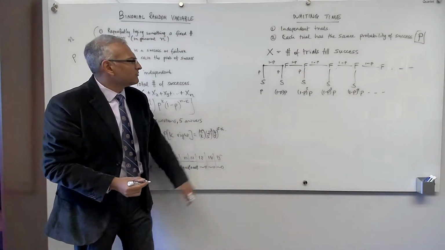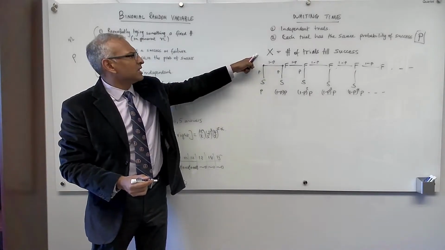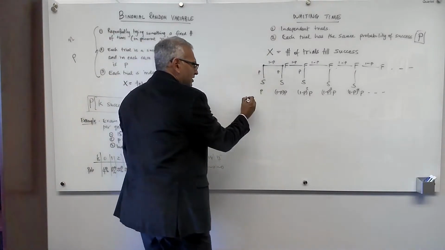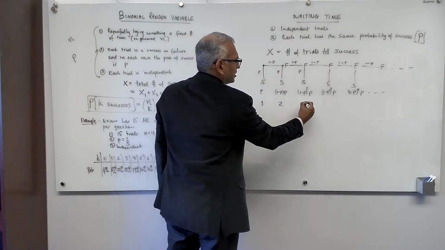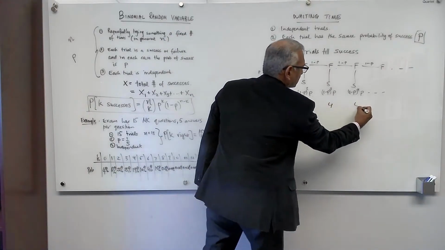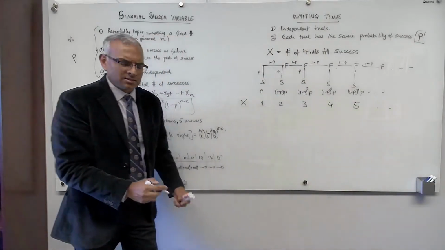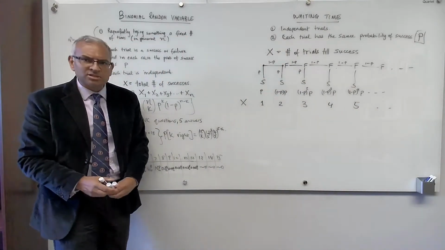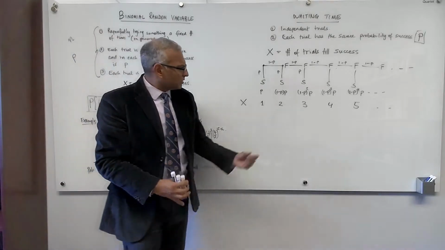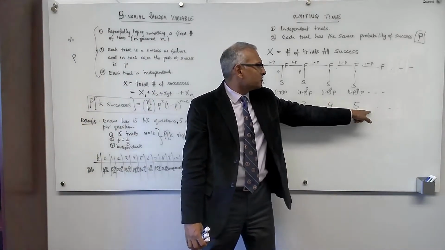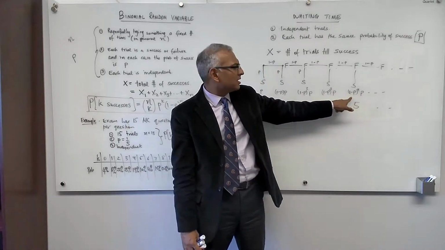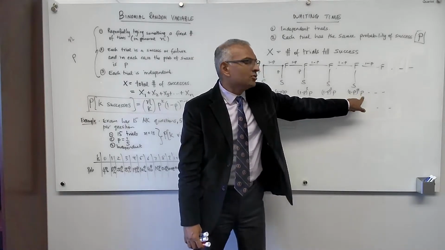Now, let's see this random variable we're interested in, which is the number of trials till success. What is x? Well, here it's 1, here it's 2 trials, here it's 3, here it's 4, here it's 5, and so on. And it's not going to take too much trouble to notice the pattern. The probability to take k trials means you fail k minus 1 times, and then you succeed.